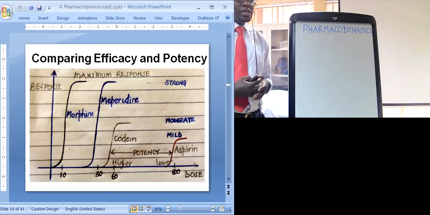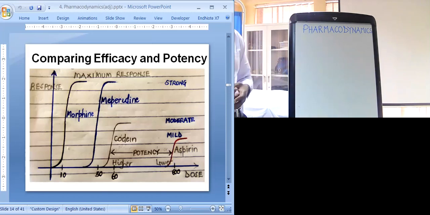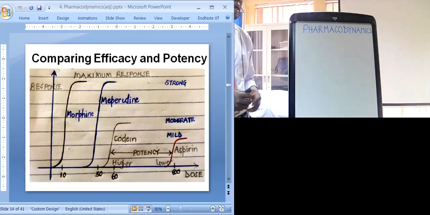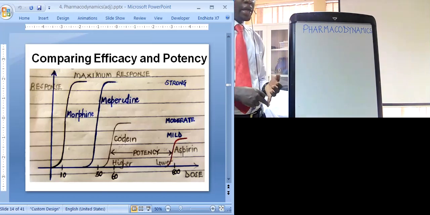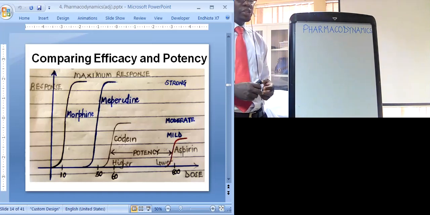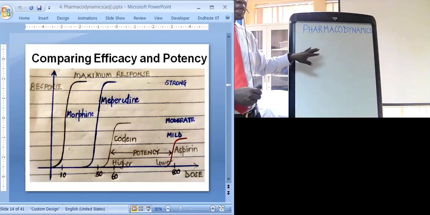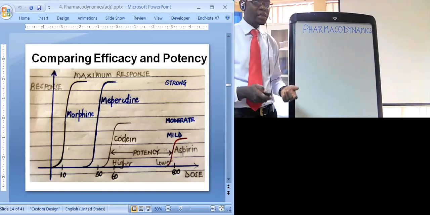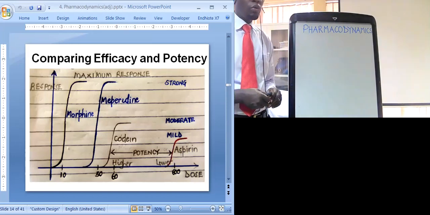On the other hand, if you compare aspirin and codeine, we are seeing that codeine is more potent, and also more efficacious compared to aspirin. And that is actually why aspirin is being referred to as a mild analgesic in this diagram, while codeine is being referred to as a moderate analgesic.